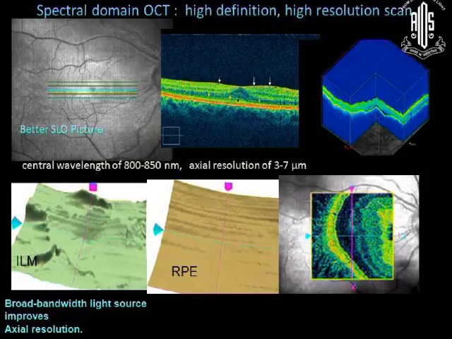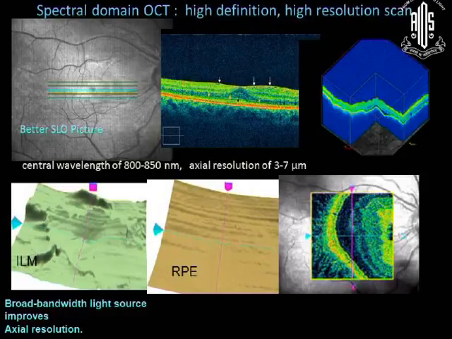So starting from my thesis, reaching to a level where you can actually see the cones and the rods, the journey has been truly, truly amazing, and all thanks to the in vivo or the optical biopsy that OCT is giving us.